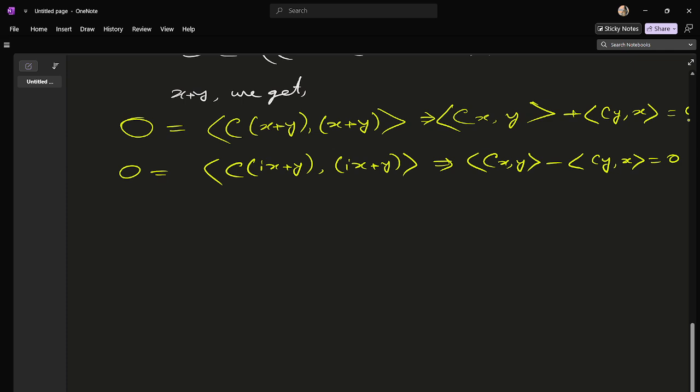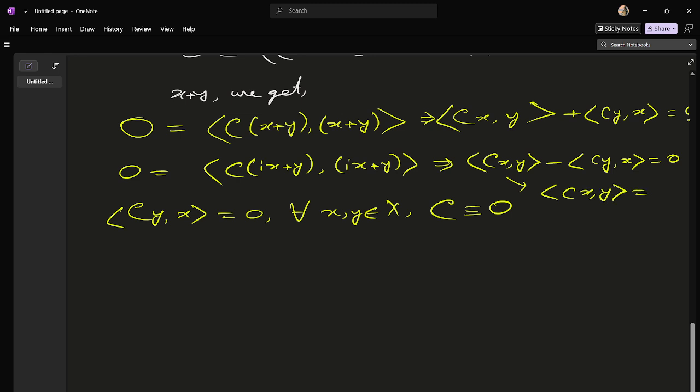Then Cx, y will be 0 for all x, y. So our C is identically 0, as we can easily see that this thing is also 0. Then our options B and C are correct.